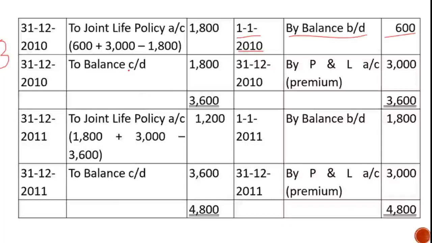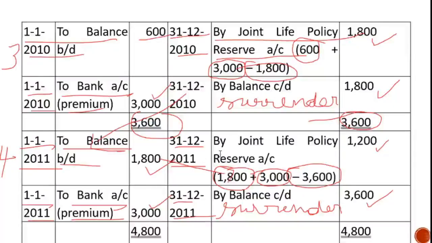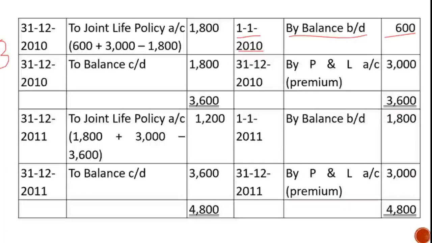Then another entry is for recording the transfer entry in the fourth year, by joint life policy reserve account, 1200. Now on the reverse side, you record 1000. Now it is the third year.